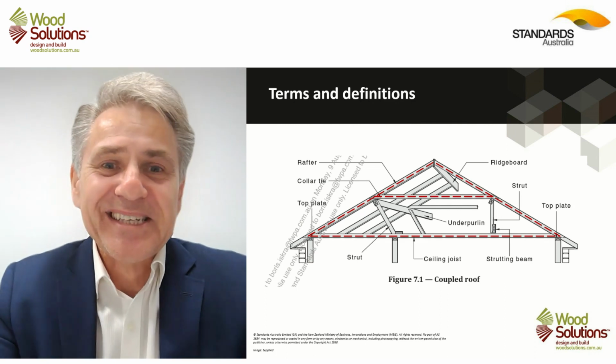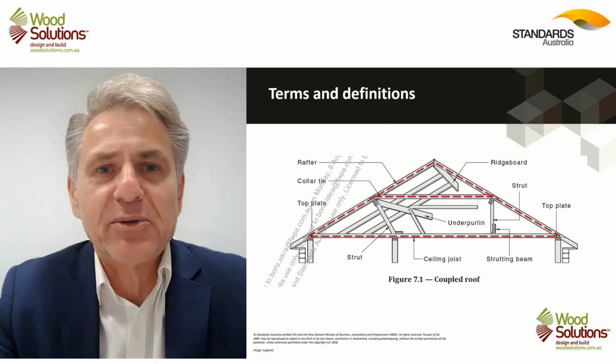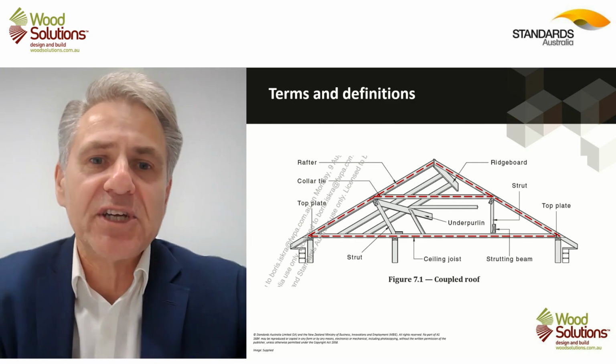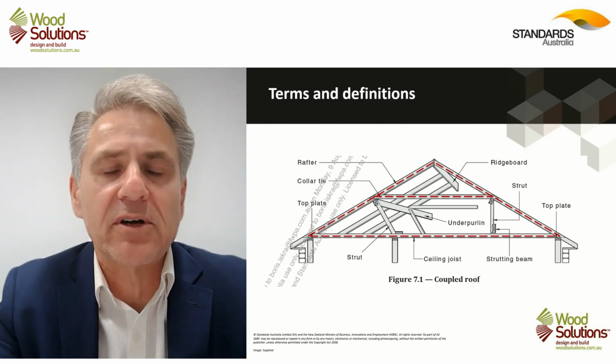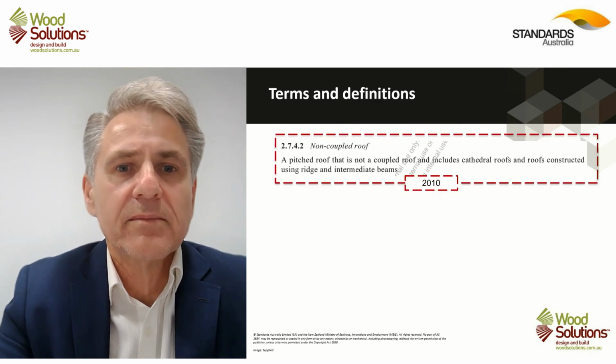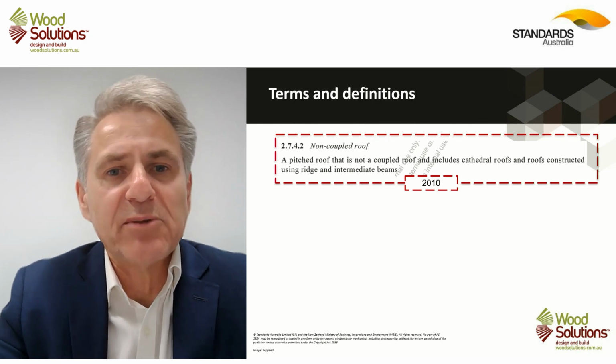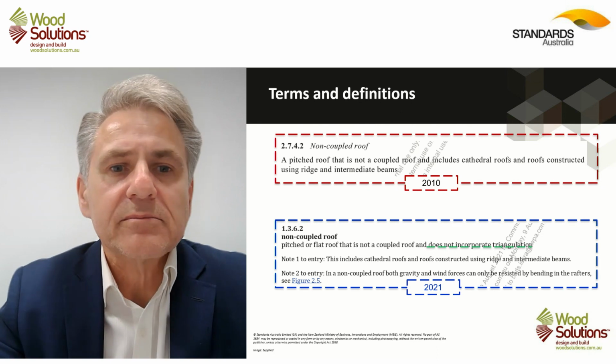So sorry about that. So basically I'll just put in the dashed lines to show the triangulation that's being achieved through the introduction of the collar ties and the ceiling joists. So non-coupled roofs, again, was a very simple statement in the 2010 edition.